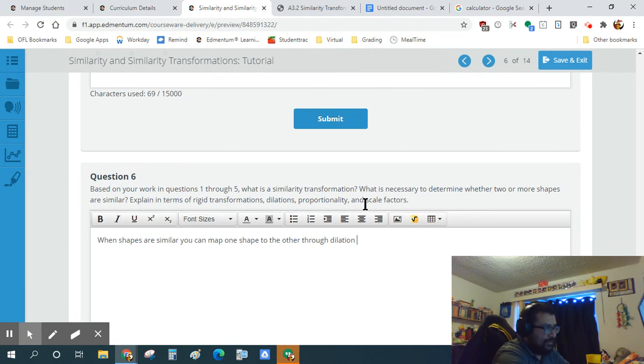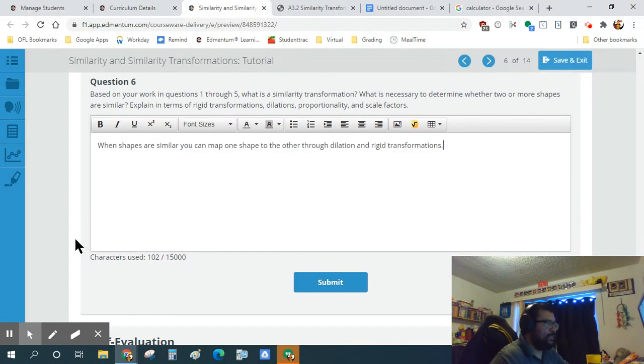We've been dilating through dilation and rigid transformation. So that's all we're doing here. We're just dilating and then transforming it. Rigid transformation is just the idea of moving. All proportions should be similar.